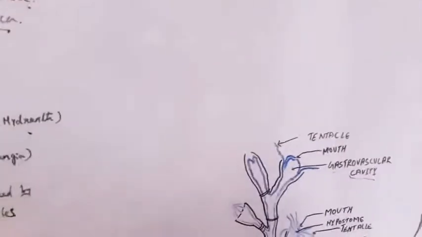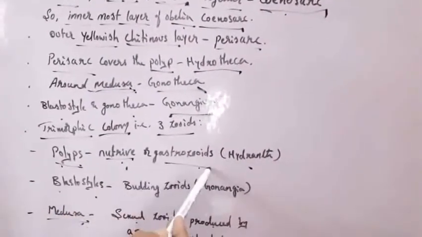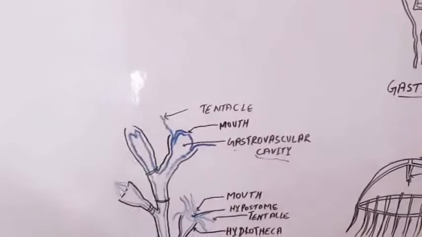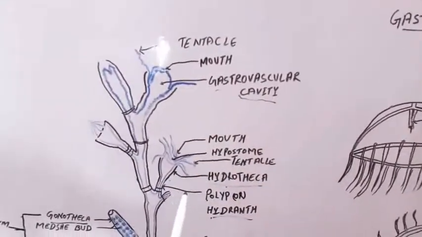So in this, first of all, polyps. So let us know about the polyp or nutritive zooid or gastrozooid. So here the Obelia colony consists of polyps. Each polyp is a short tube-like cylindrical body.